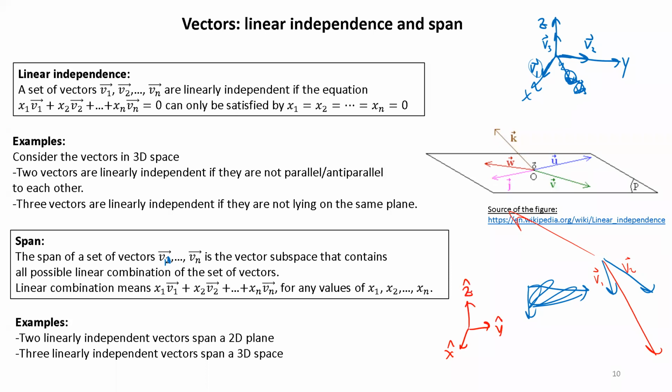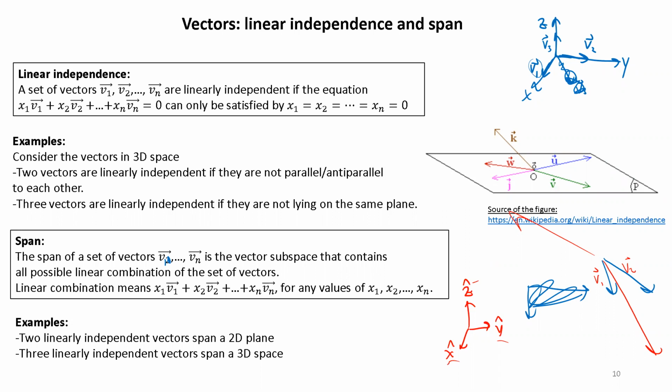This is a set of linearly independent vectors, and it spans a 3D space. That means any vector in this 3D space can be expressed in terms of these three unit vectors. Something you have used a lot already.